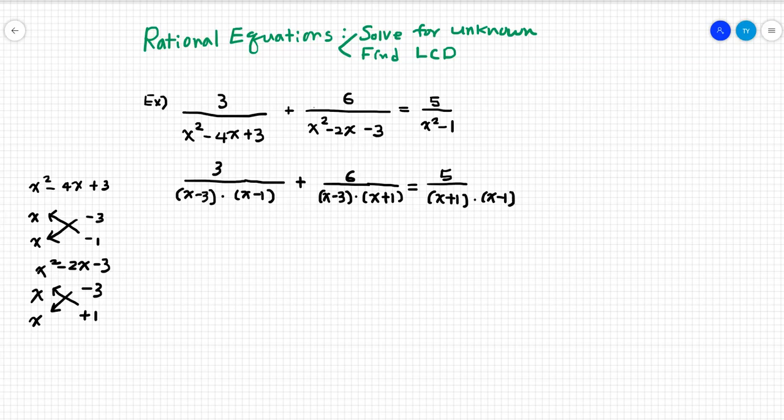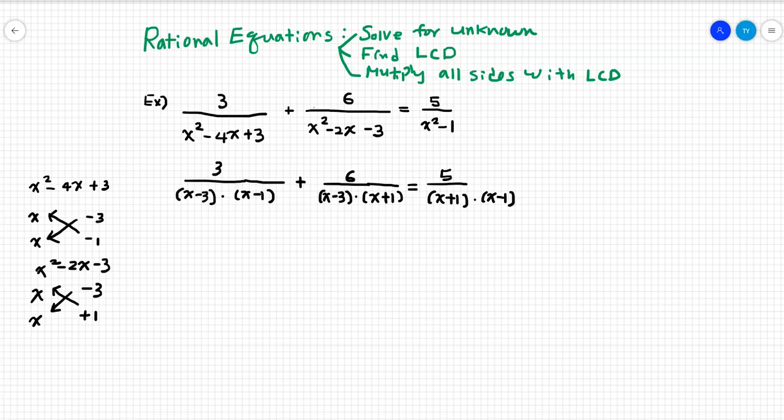So once you find the LCD, what you want to do is multiply all sides with the LCD, so that we can get rid of the fractions there, right? So here we go. I want to look at each factor-form denominator.